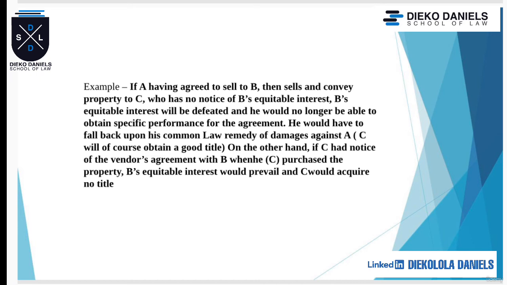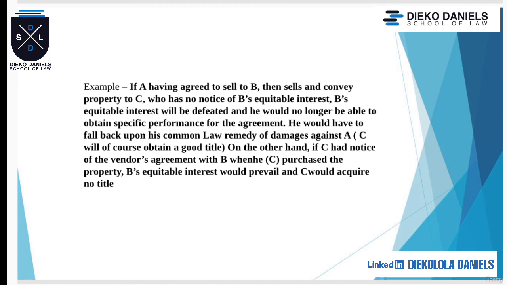Is when C purchased the property under two conditions in common law. Condition number one, C must have gotten that property through what? Bona fide purchase for value. He must have paid for value, and not just that, he must have gone through the legal procedure.